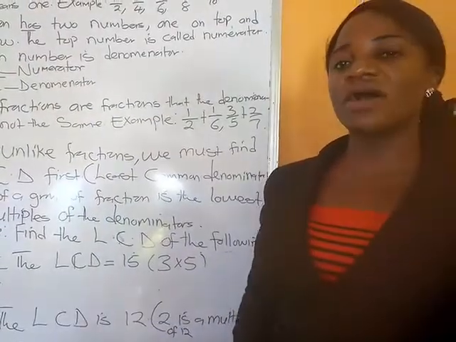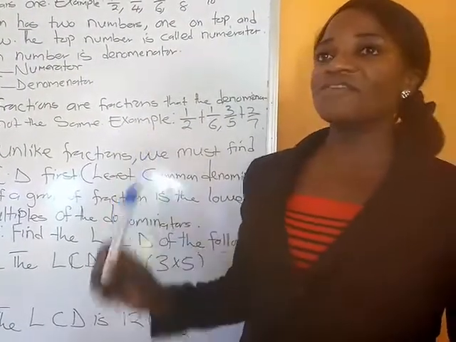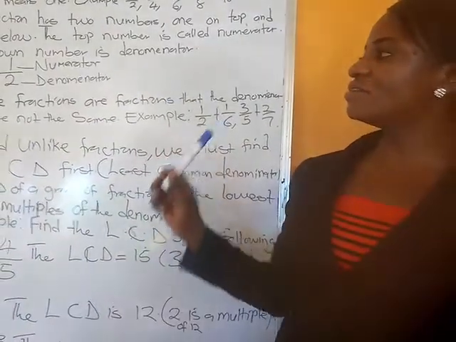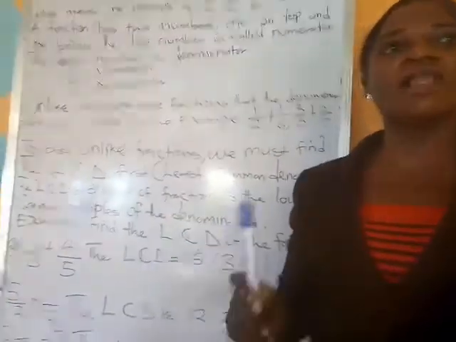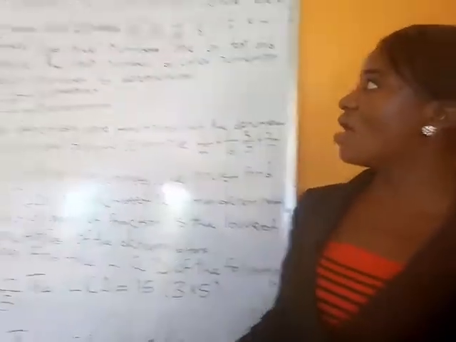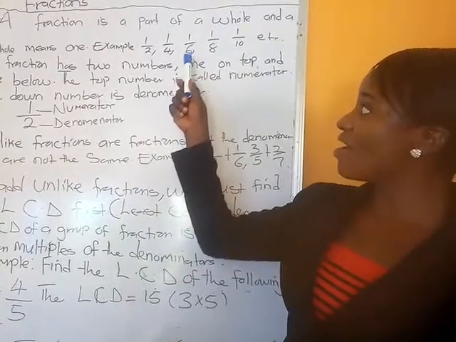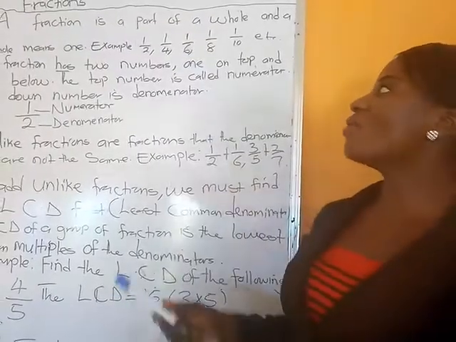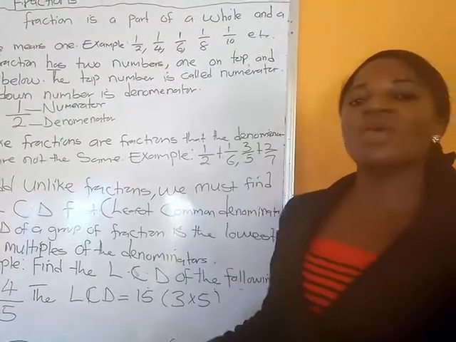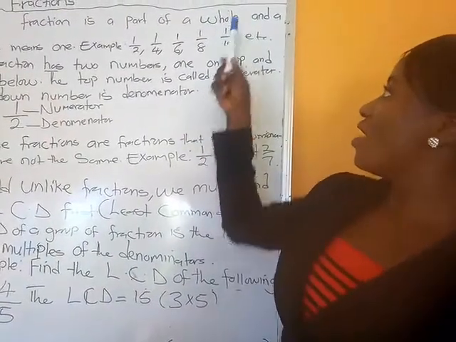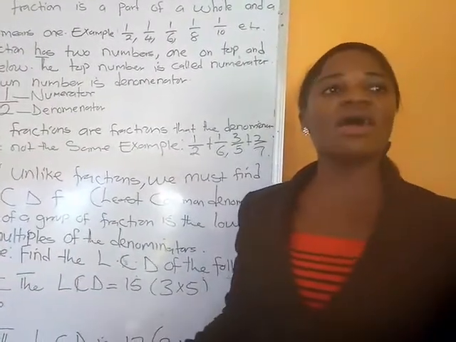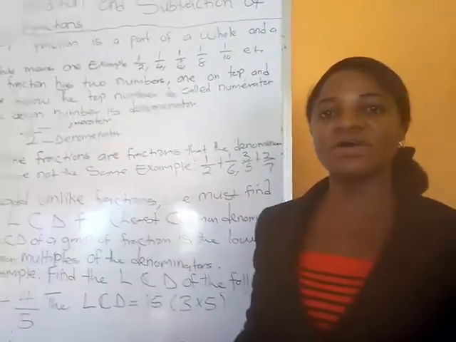Fractions can be called like or unlike fractions. 1/2 can be called half. 1/4 can be called quarter. 1/6 can be called 1/6. 1/8 can be called 1/8. 1/10 can be called 1/10, and so on and so forth.